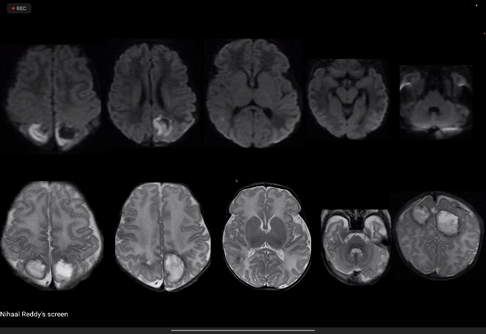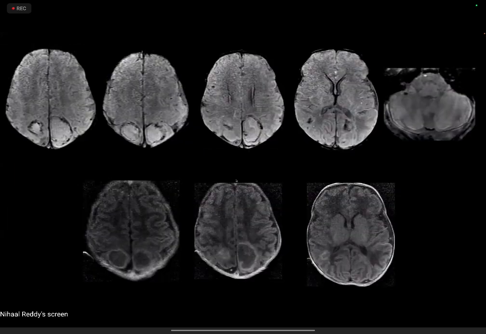Right. And I don't know whether giving contrast right now, Nihal, is going to help you in any further ways. Yeah, because it will enhance anyhow, even if it is blood. Those margins will enhance, whether it's blood or not. Yeah. But if it is fungal, internal irregular margins also may enhance.